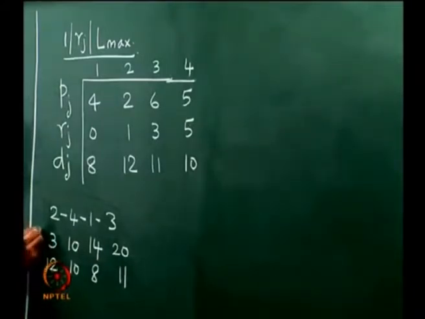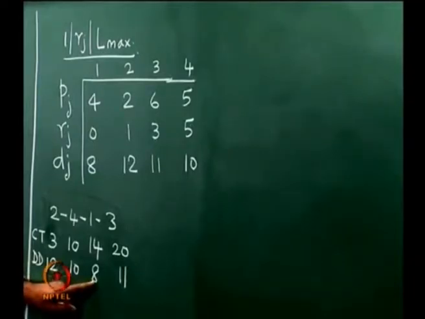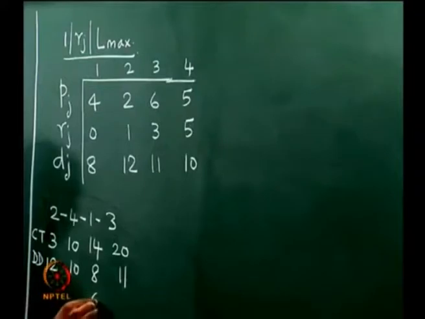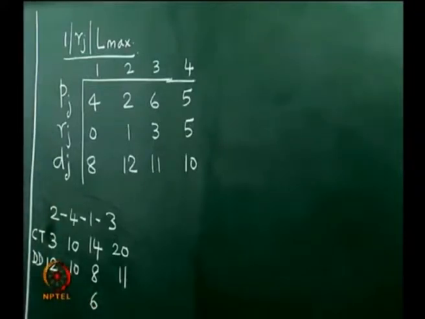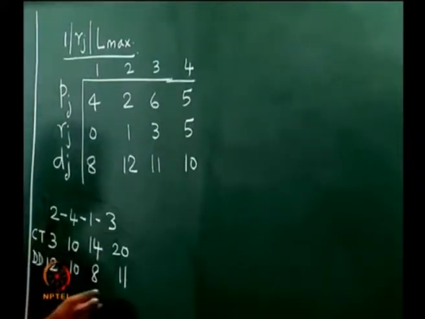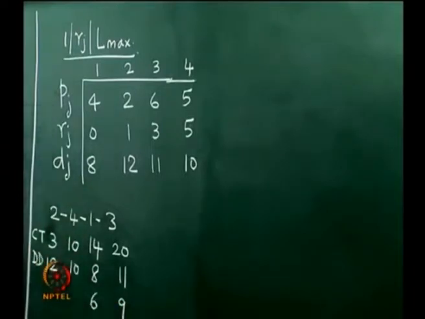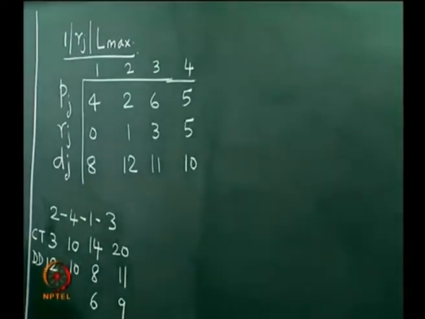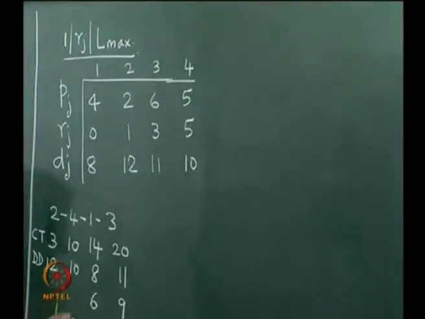So, these are completion times, these are due dates. So, this job is early, this job is neither early nor tardy, this job is tardy with tardiness equal to 6, this job is tardy with tardiness equal to 9. So, maximum tardiness is Lmax, so Lmax is equal to 9.